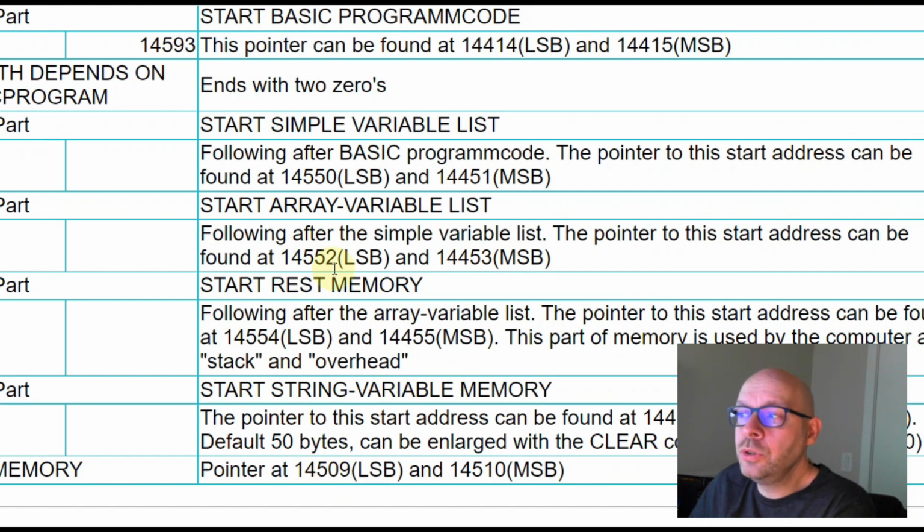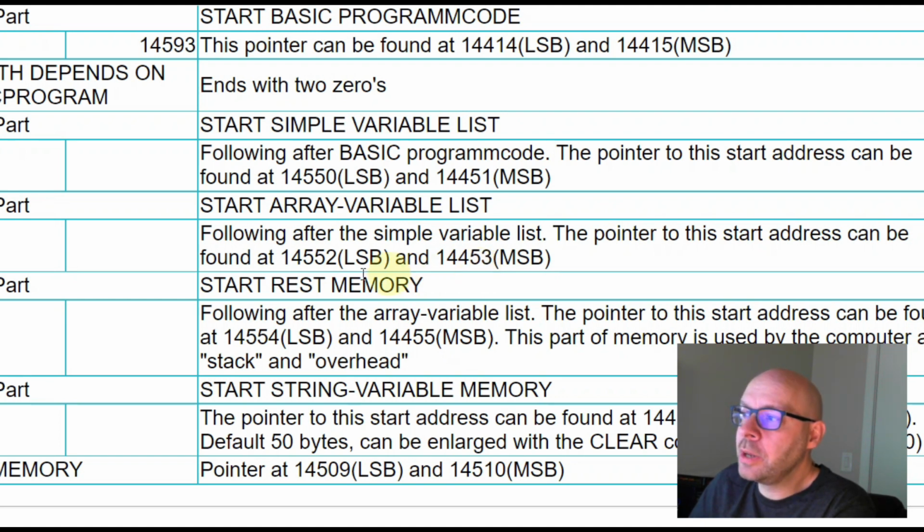So these two addresses, 14552 and 14553, together contain a 16-bit address, which equals the address where the start of the array table is located. And that's what we're interested in, because we're going to be storing our machine code program in the space that's reserved for a variable array. So we need to know, in this case, where the array table starts.